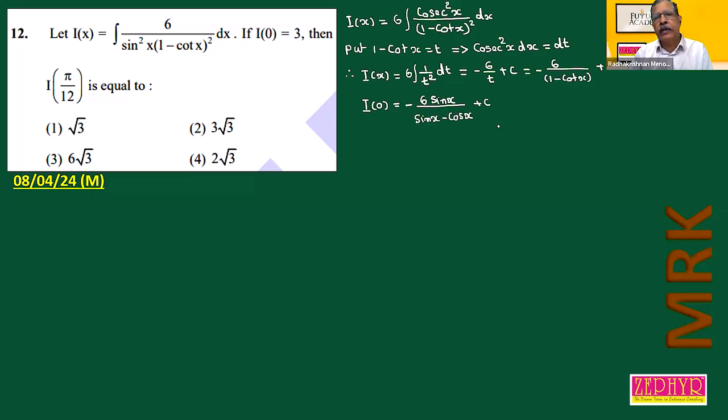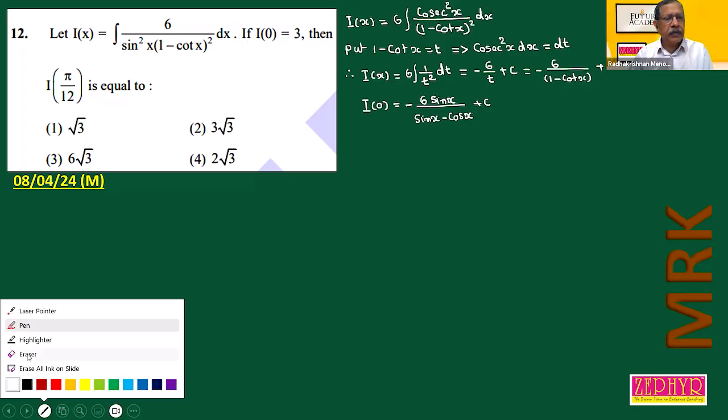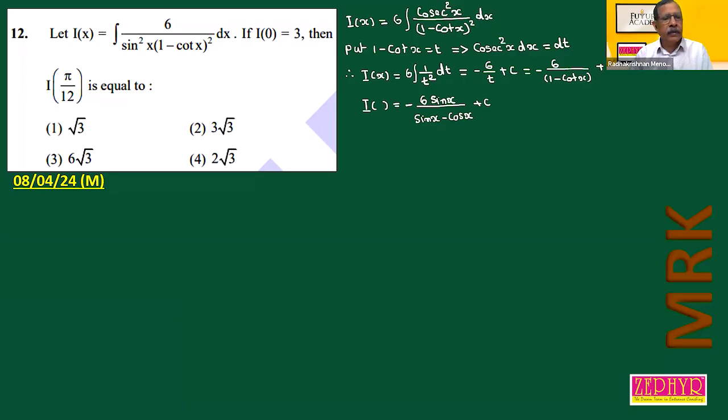Plus c. Now when you put x is equal to 0, you have to write cot x as cos x by sin x. Numerator is 0, denominator is what? Sin 0 is 0, cos 0 is 1. I of 0, I of x I am writing like this. Therefore, I of 0 is equal to 0 plus c.